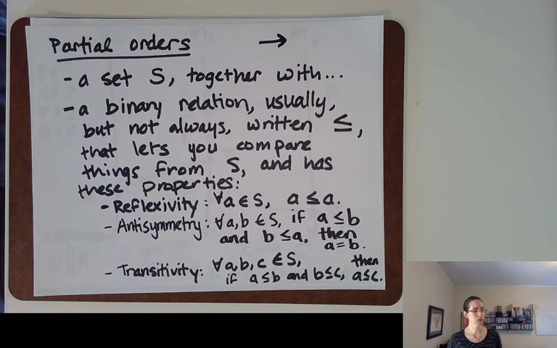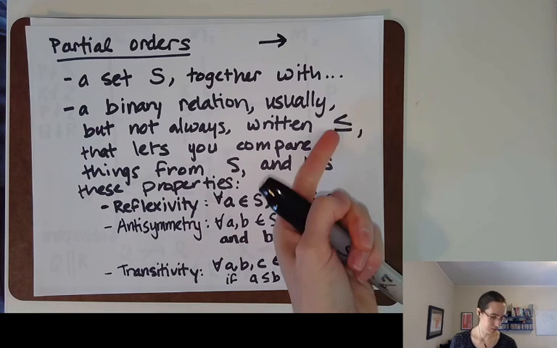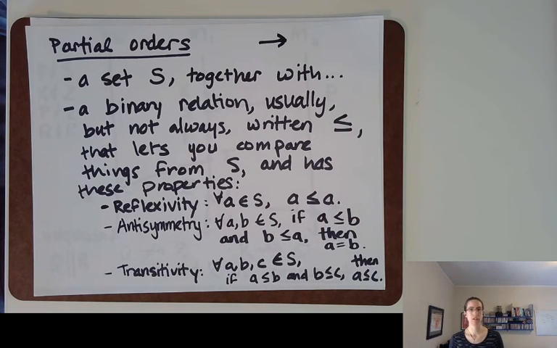Because a partial order is supposed to be reflexive, right? So a classic example of a partial order is just this plain old less than or equal to relationship on, let's say, natural numbers, right? So this is true of natural numbers. If we pick, say, the number 3, 3 is less than or equal to 3. That is true, right? 3 is also equal to 3, but that means that 3 is less than or equal to 3.